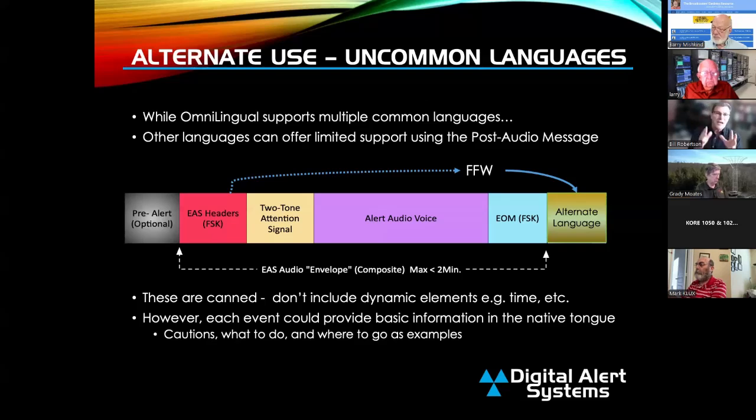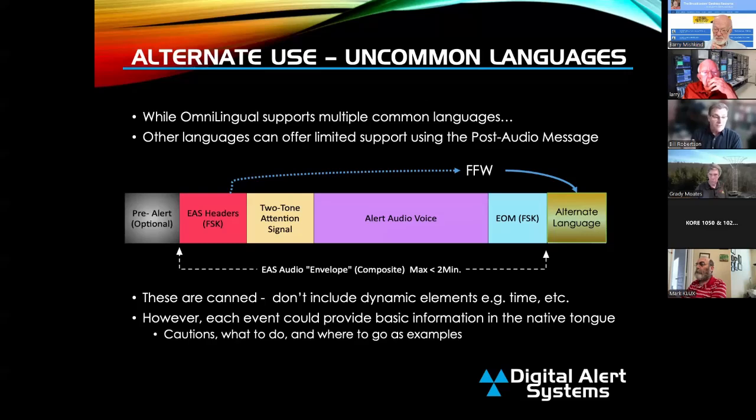When I say limited, let's say we have a different one, and Barry's close to this. Let's say we have a Navajo Nation. We've got something that might be very important. We could create audio files for each of those events that might matter to that community and put them in as the post EOM.